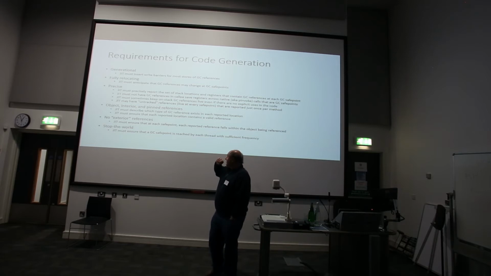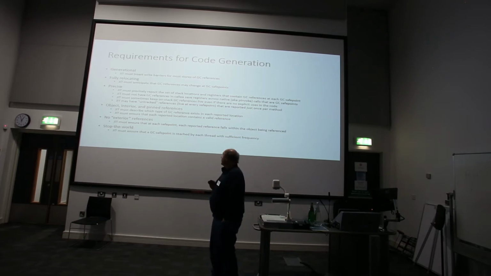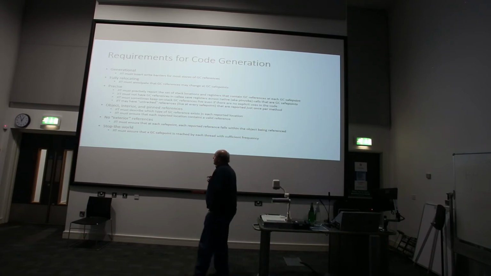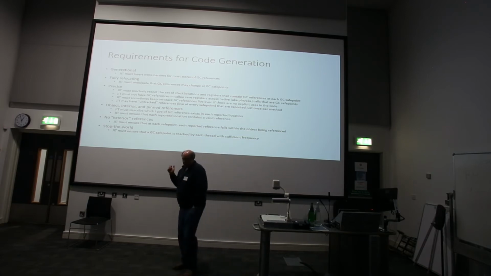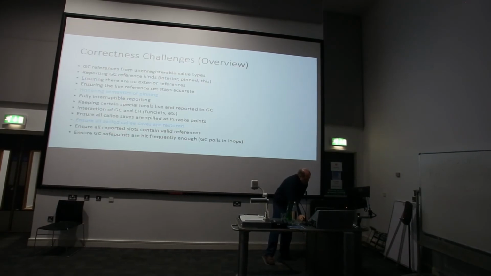We have some weird cases where we have to keep locals live, even though they're not referenced anywhere in the method. I can talk more about why that is. And then we also might want to take advantage of what we call untracked references. We'll get into this a little more. So a bunch of challenges to getting this right.